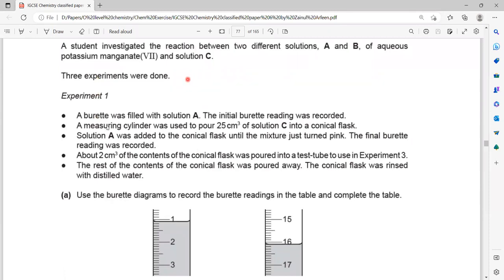First, three experiments were done. A burette was filled with solution A of potassium manganate and the initial burette reading was recorded. Then a measuring cylinder was used to pour about 25 cm cube of solution C into a conical flask. So first, we filled the burette with solution A, which is potassium manganate 7.